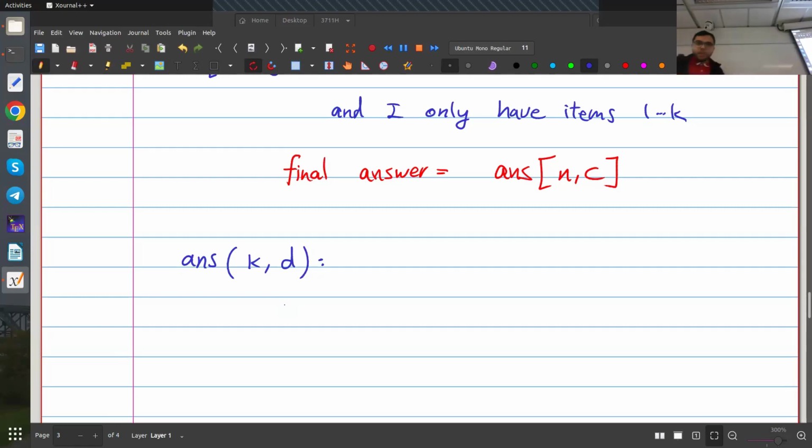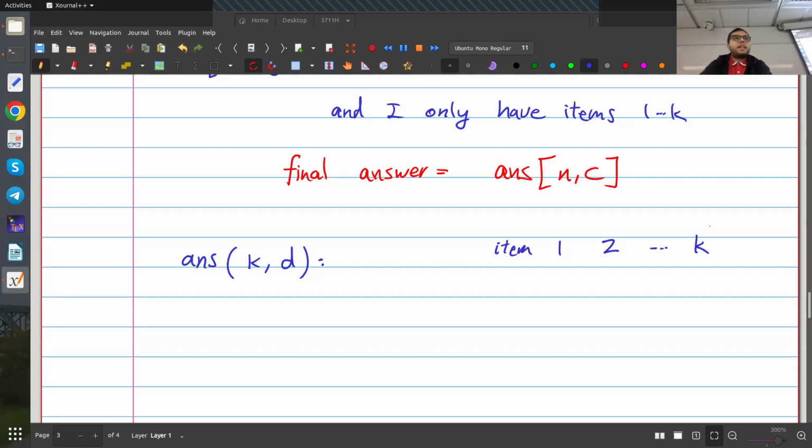Okay, so here's the thing. I have these items: item 1, item 2, to item K. And I want to put some of them into my knapsack. Now I can do a case analysis: I either put the last item into my knapsack or I don't. If I don't put the last item in my knapsack, how much can I make?